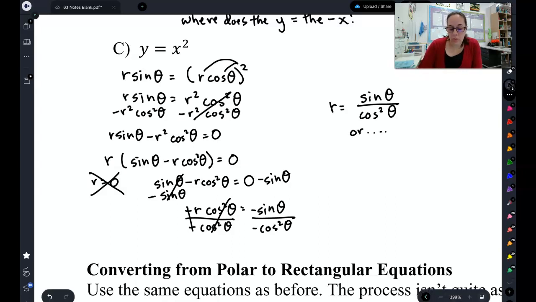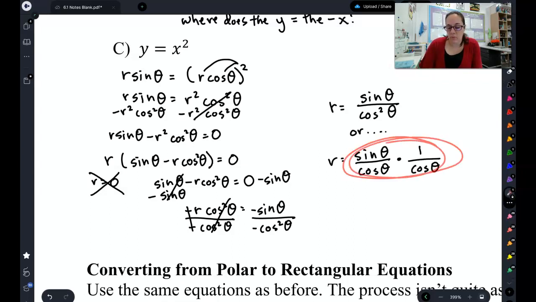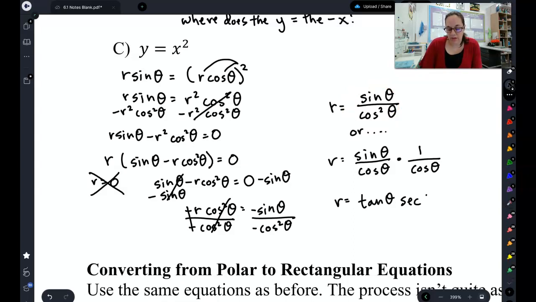Or we could use our identities to change this to sine of theta over cosine theta times 1 over cosine theta. Notice that if I multiply those two together, I get the exact same thing. So I'm just splitting them up, because then sine over cosine is tangent and 1 over cosine is secant.